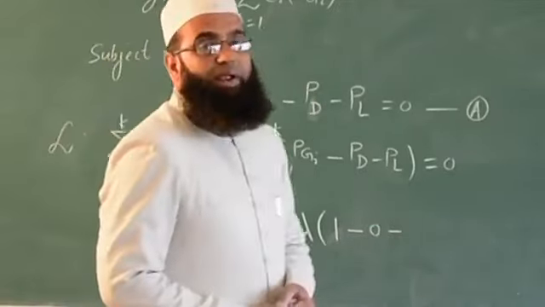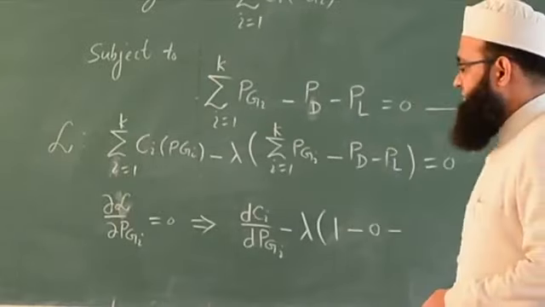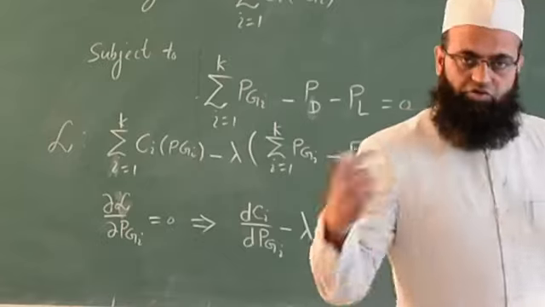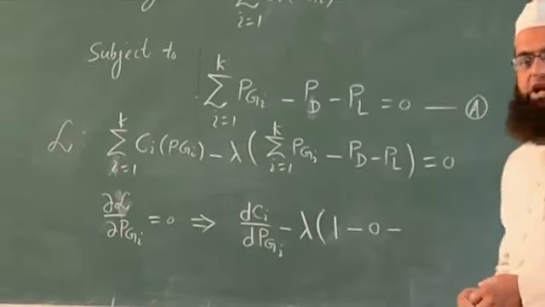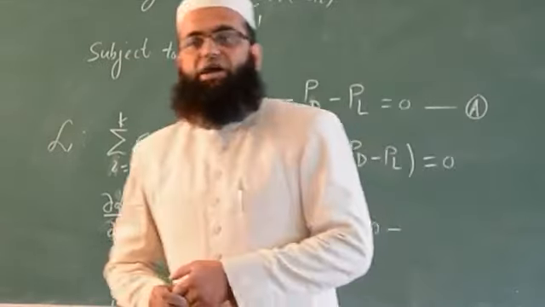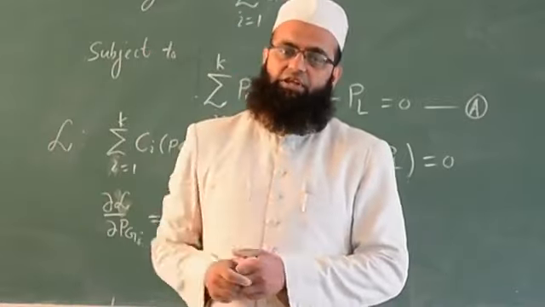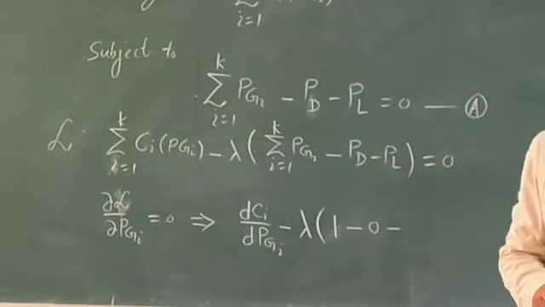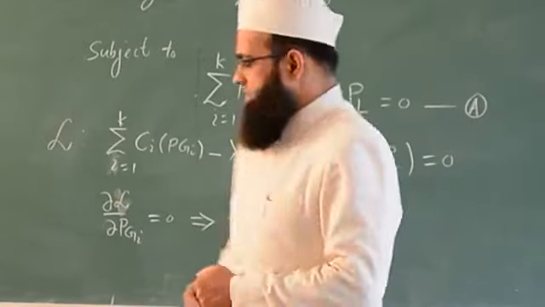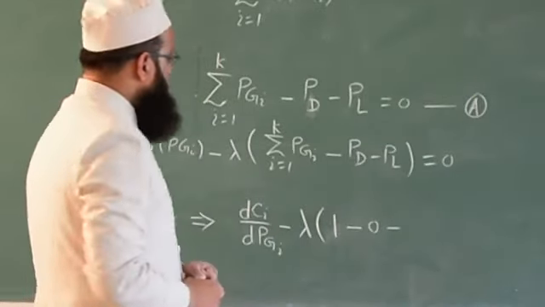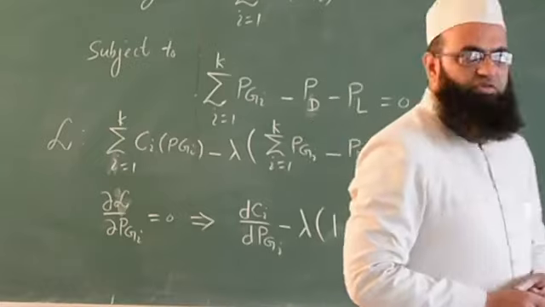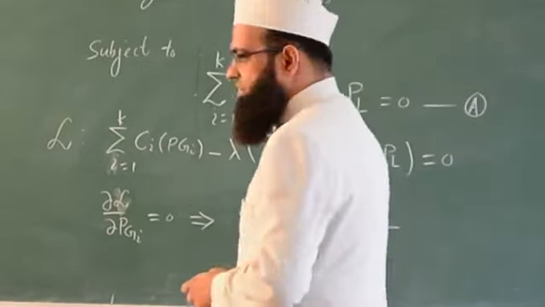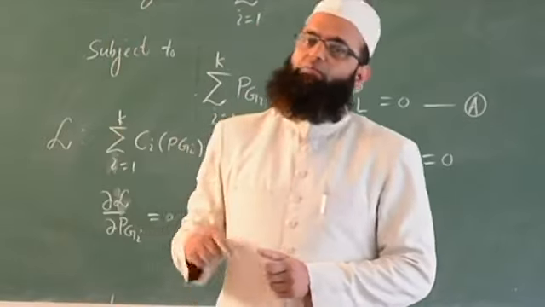PL is not independent of PGi. PL is total losses in the system. So total transmission losses in the system will fully depend on PGi, PG1, PG2 up to PGK, the various generations at the various plants. So under certain approximations, we can assume that this PL is only depending on PGi.